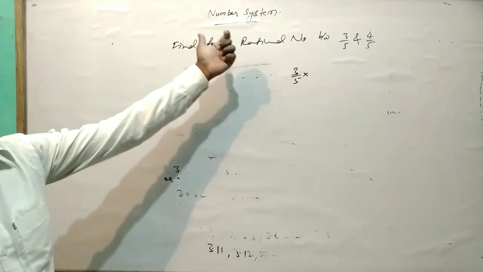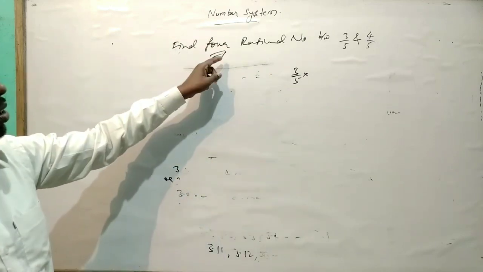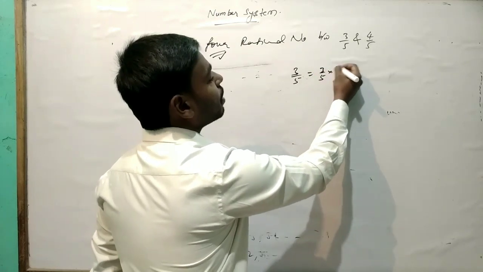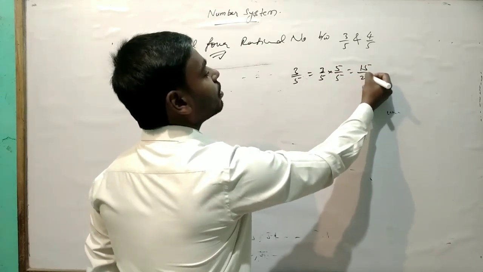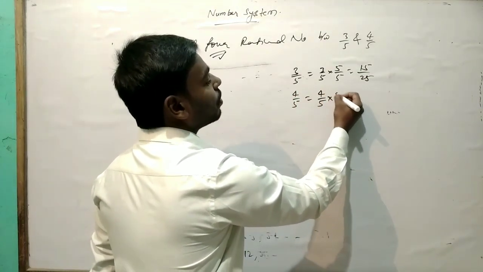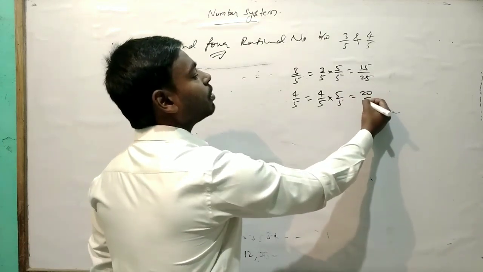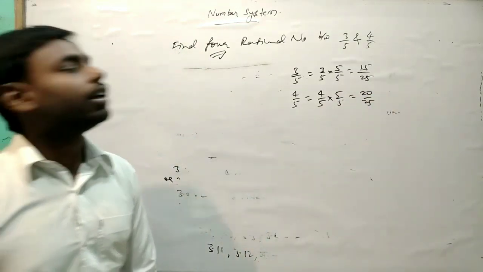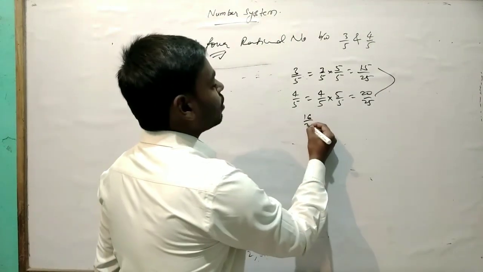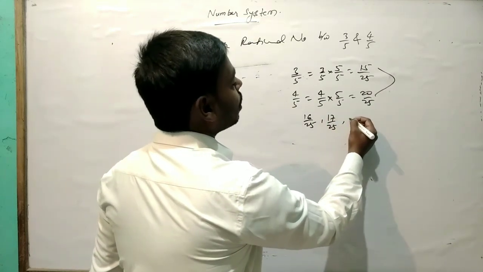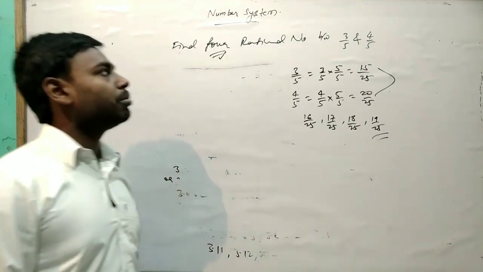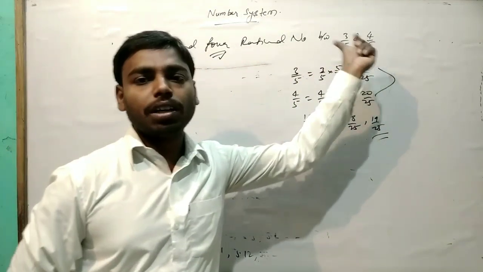Then we take one more than 4, that is 5. So we multiply 3 by 5 by 5 by 5, which is 15 by 25, and 4 by 5 also multiplied by what? 5 by 5. Then it is 20 by 25. Now between 15 and 20 we can write 4 rational numbers: 16 by 25, 17 by 25, 18 by 25, 19 by 25. These are the rational numbers between these two given rational numbers.